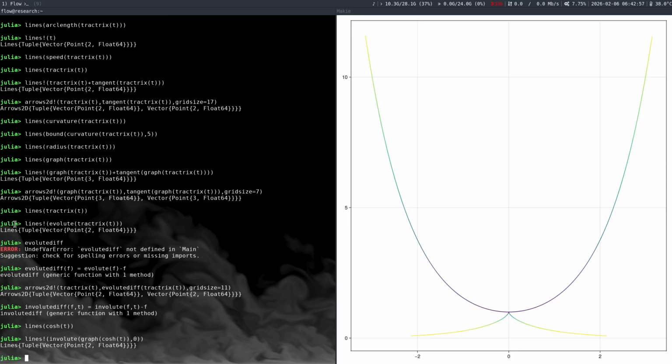There you go. And then we can again do the arrows 2D.